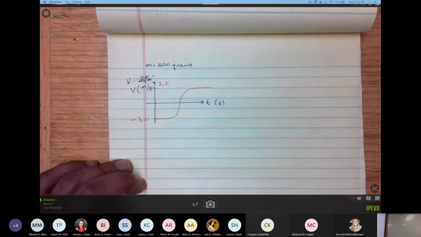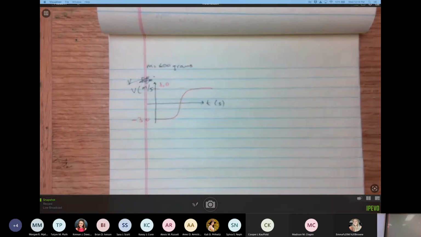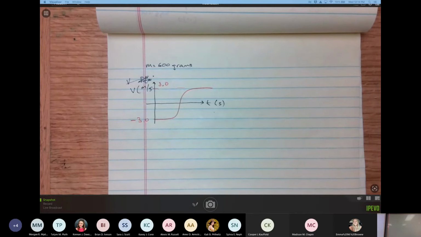So you can imagine that you have this mass. You are throwing this mass into a spring. The spring is going to compress, and as the spring compresses, the velocity of the mass is going to become slower and slower and slower. Eventually, the spring compresses to a maximum value, and then it's going to start stretching. And as the spring stretches, it's going to be pushing your object in the opposite direction.